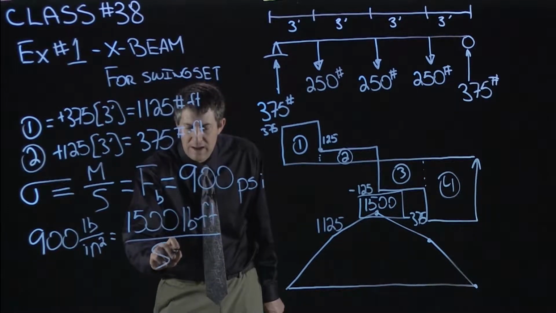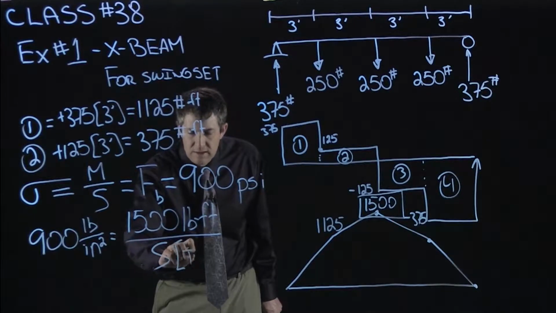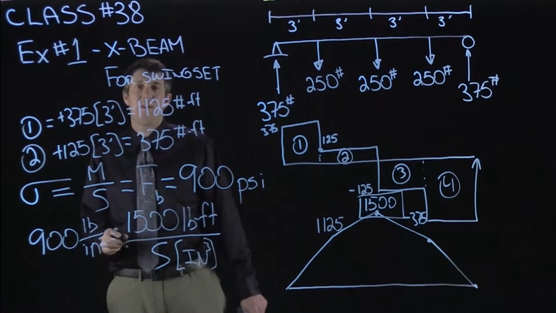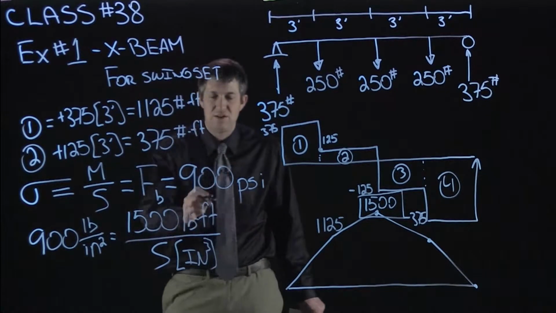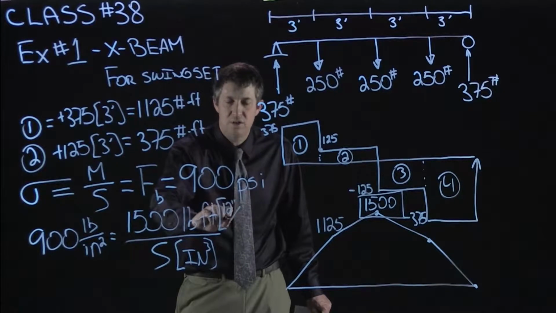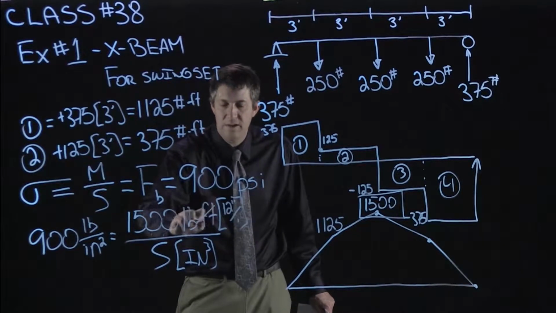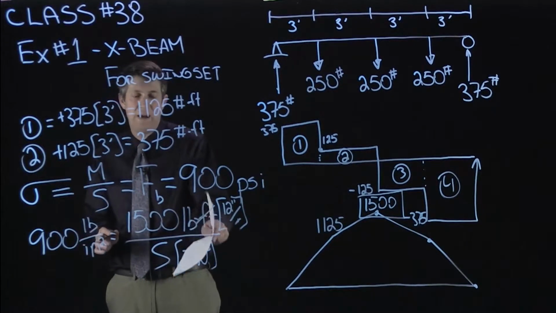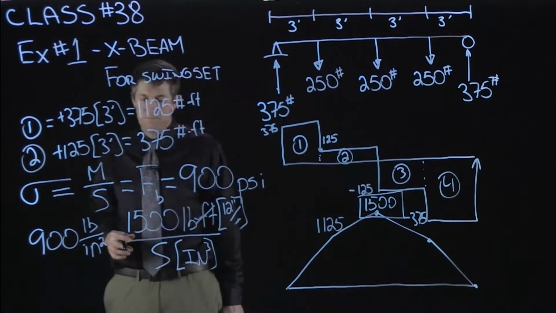And if you remember, S is typically in inches cubed. So I need to convert pound-feet to pound-inches. All I need to do is multiply by 12 inches per foot, and the feet are going to drop out, and I'm going to be left with pounds and inches.